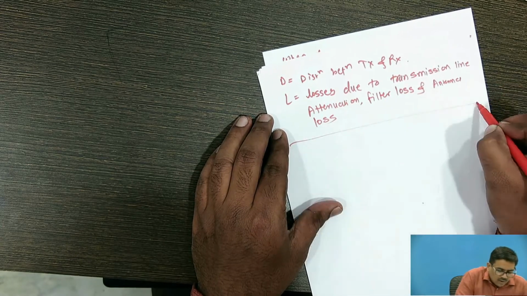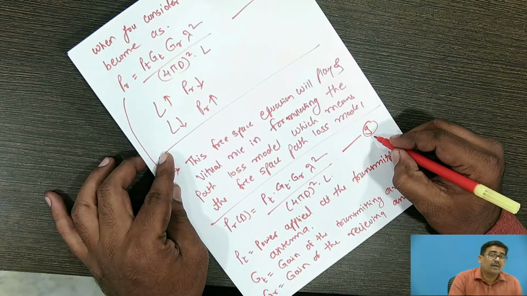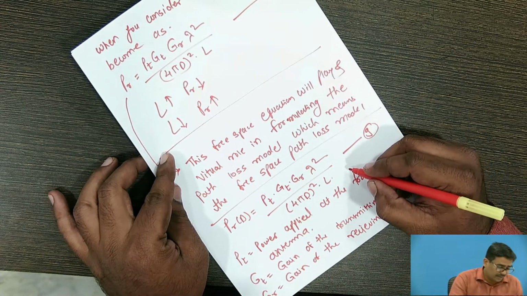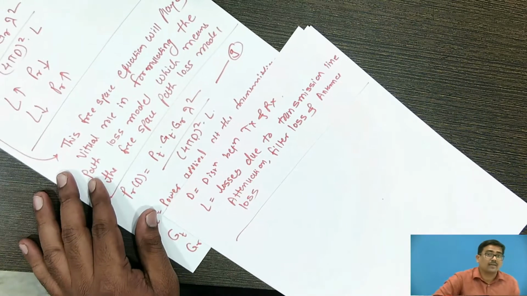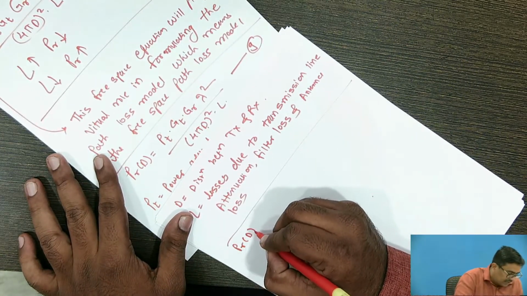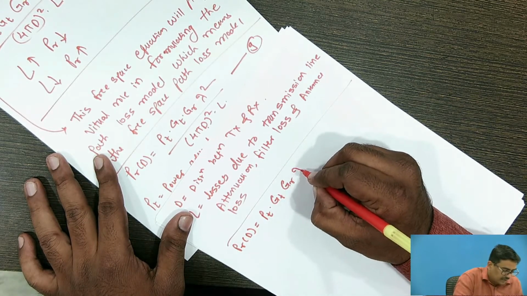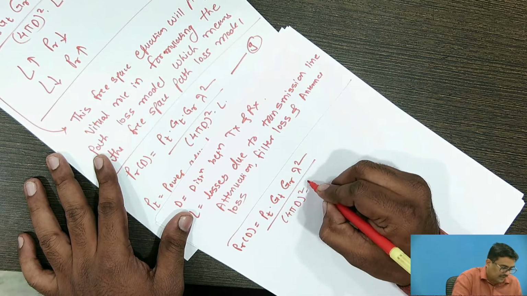Okay, this is what we got for each term. See, this equation number 9 is called the free space equation. So once again I will write, for understanding purposes, this equation number 9, that is PR(d) is equal to PT GT GR into lambda square divided by 4 pi d square into L.